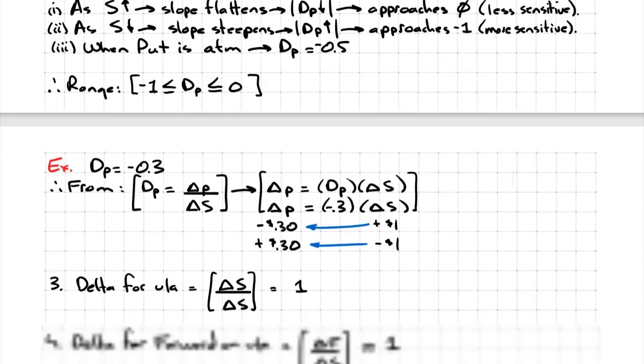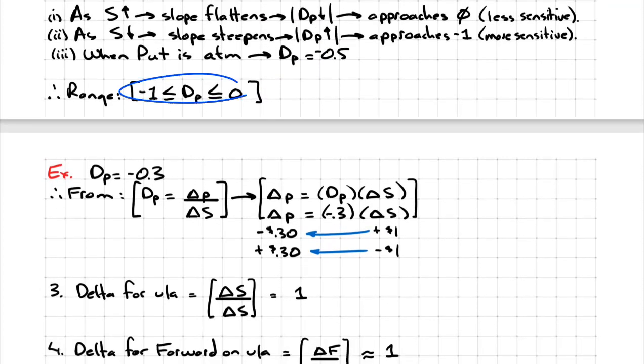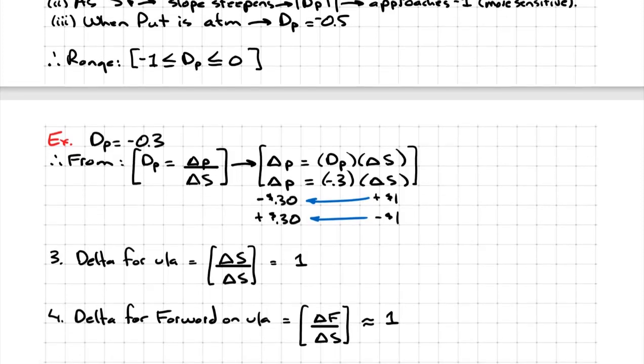Let's do an example. In other words, let's pick a number that falls within that range. What if it's -0.3? Same process, ladies and gentlemen. We take delta, which is a ratio, we flatten it out, and then we plug in what the delta is. It's -0.3, and there it is. So if the spot price increases by $1, multiply that by -0.3, that means the value of the put will decrease by 30 cents.